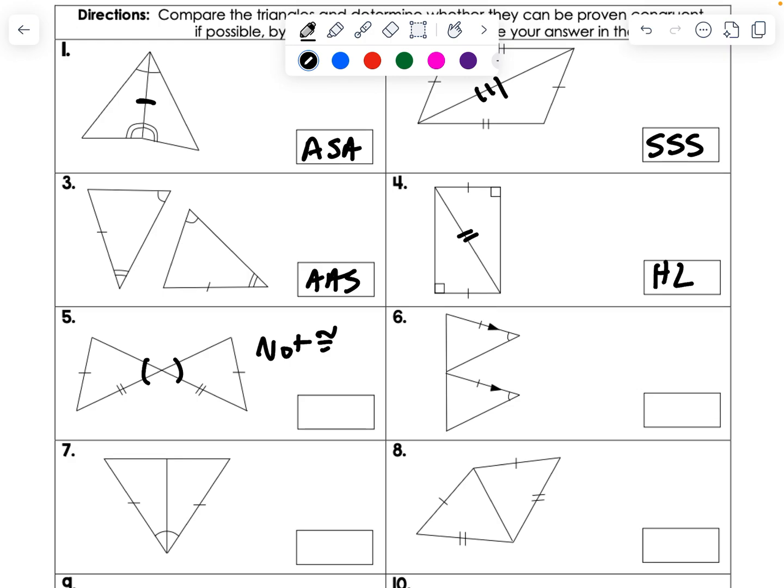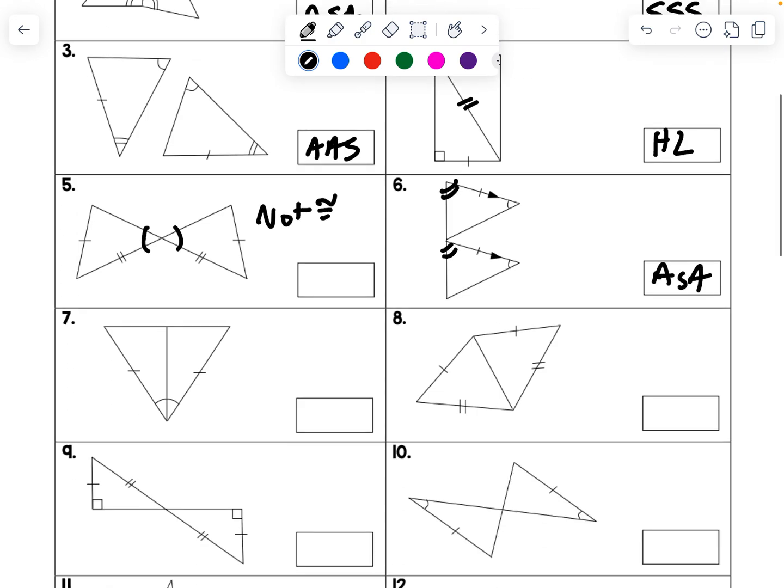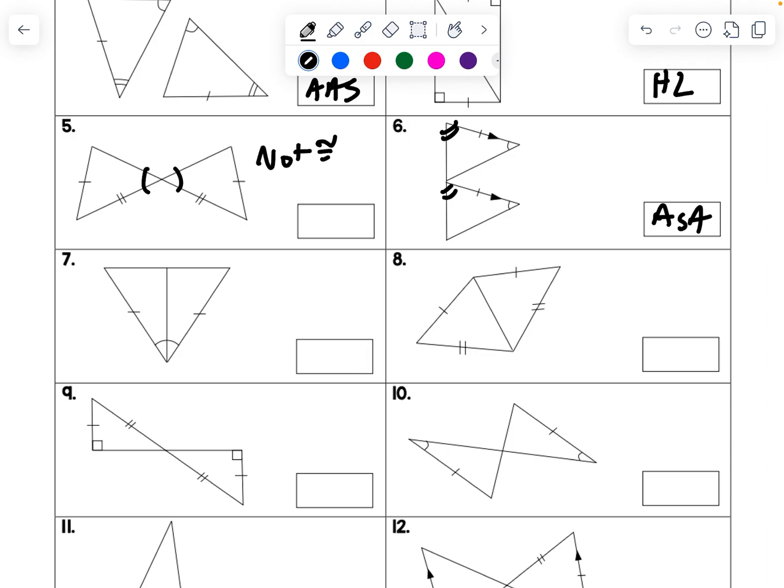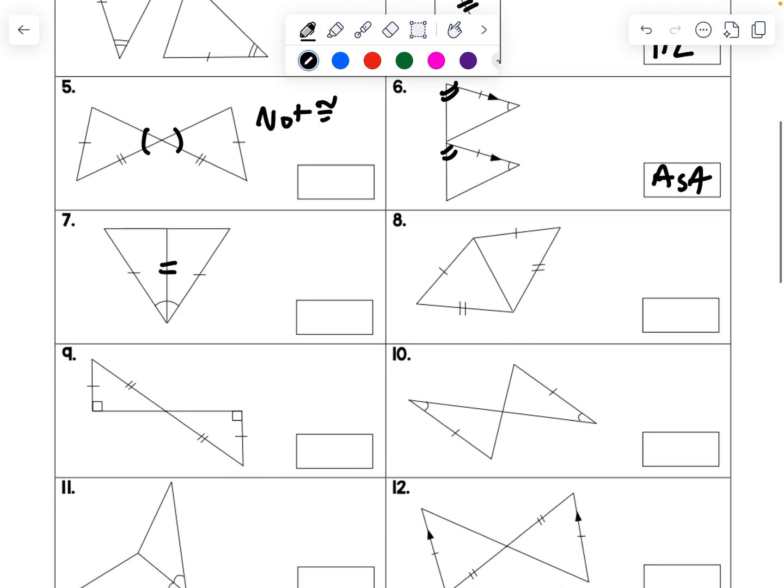All right, so we've got parallel lines here with this symbol cut by a transversal. So we would also know that this angle is congruent to this angle. So here we have angle side angle. Okay, we have 7, little reflexive for side angle side.